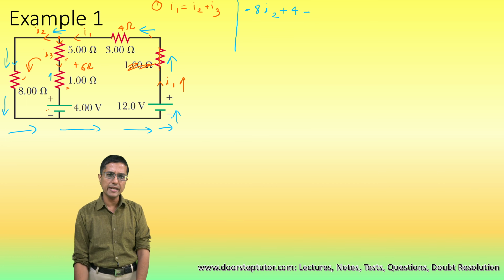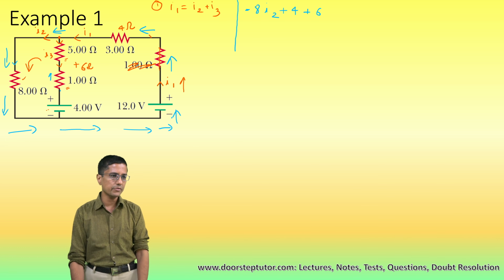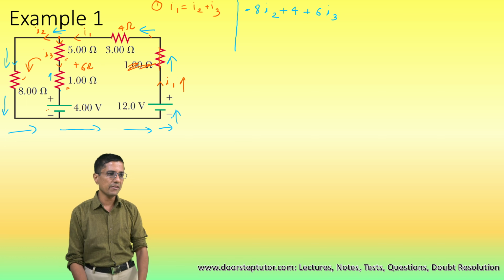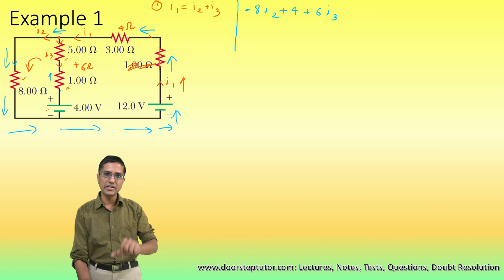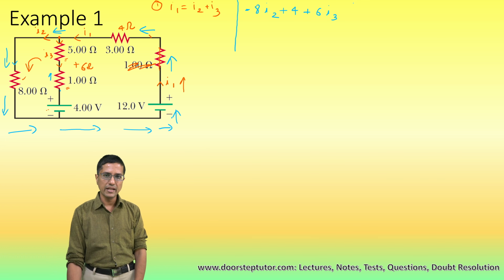Here again we will add. So this is not a voltage drop but a voltage increase going from here to here, and this 5 plus 1 became 6 already. So I'm writing 6 ohm multiplied by this I3, and that is the potential gain when I traverse this equivalent resistance of 6 ohm right here, and this is equal to 0.